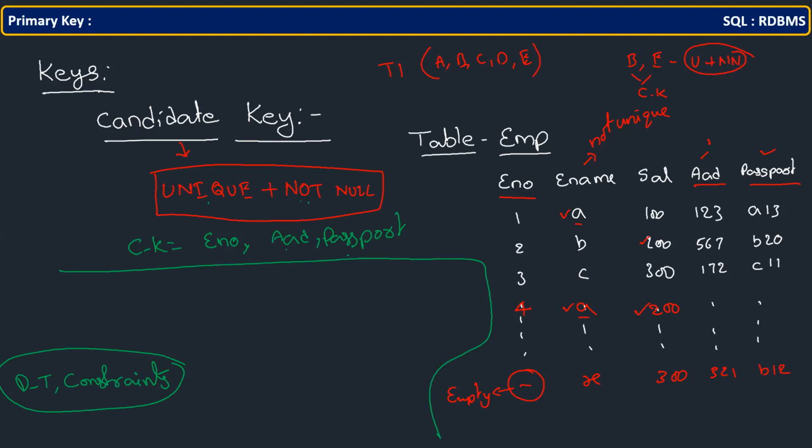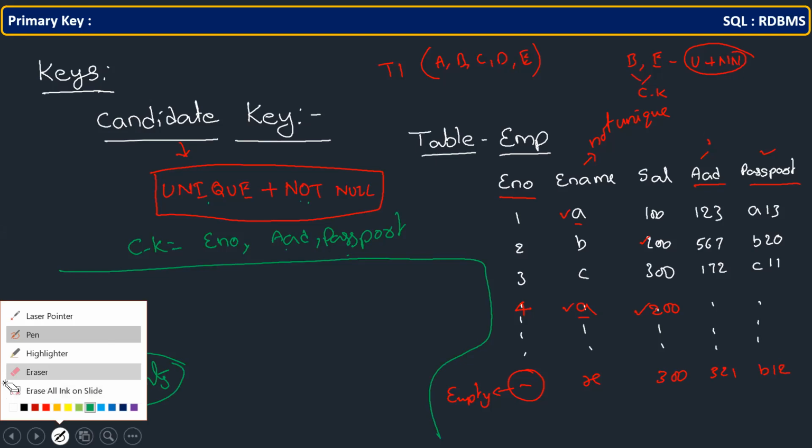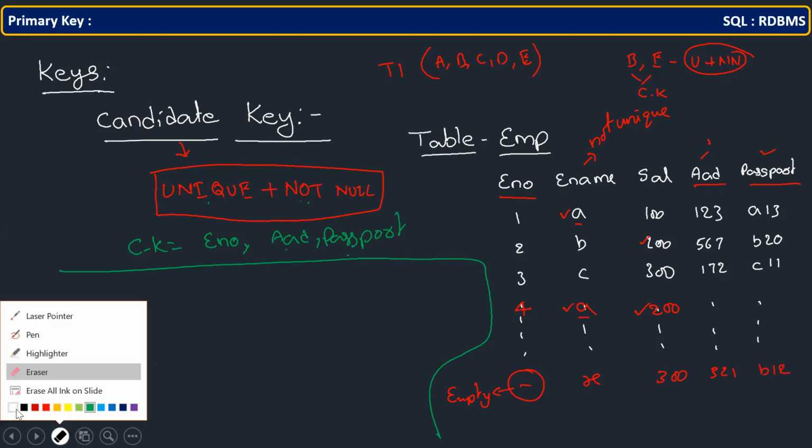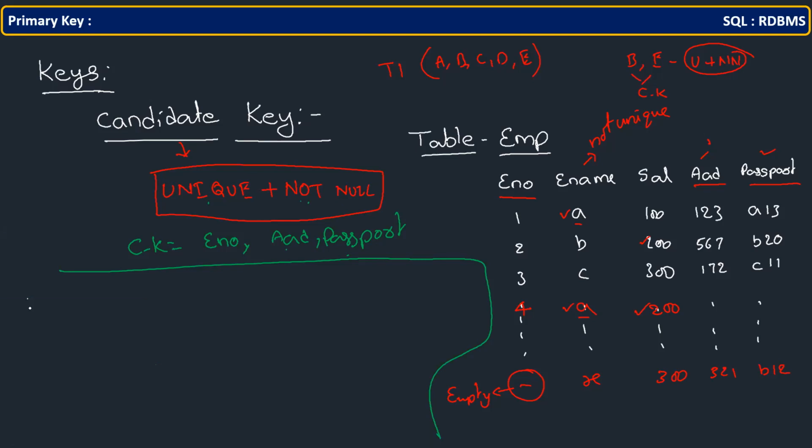Next one, a very important thing. This we cannot see practically in the hands-on session, but this we are going to see practically. That is the primary key.